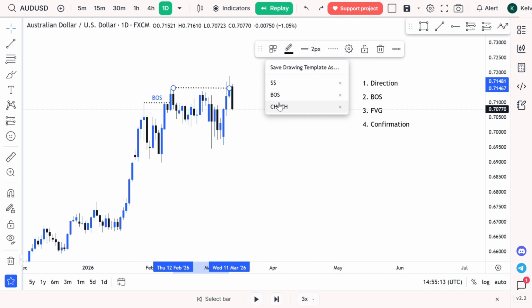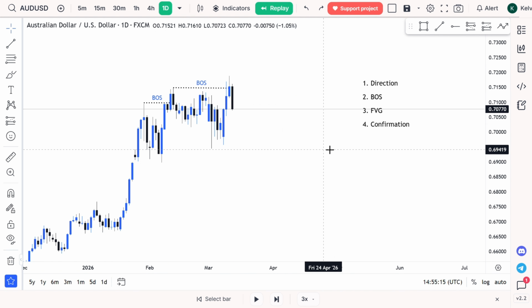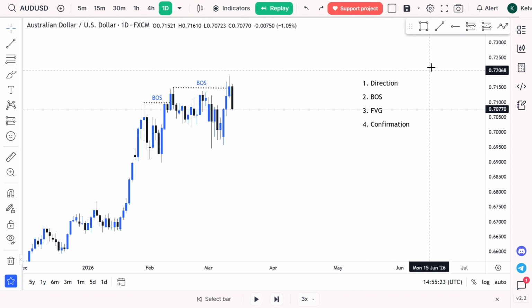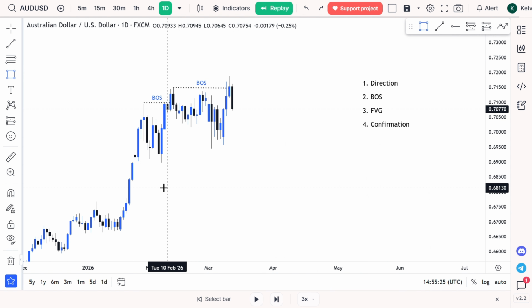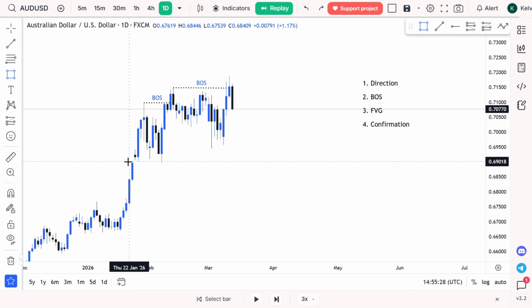So we have the next break of structure, and now you need to find your fair value gap, which should be below the break of structures. Our fair value gap is at around this area. In this case, we have this first fair value gap.